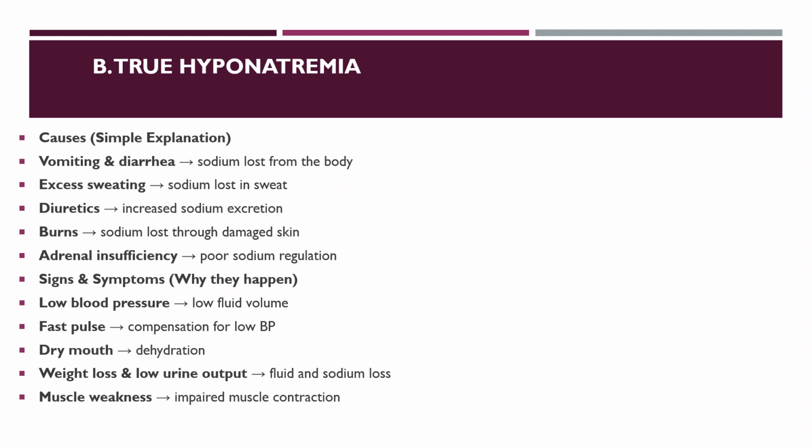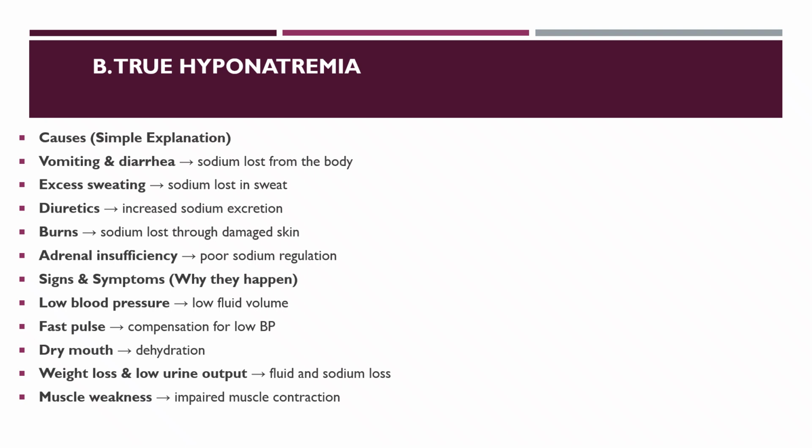So let's look at the second form in which hyponatremia can occur. We have the true hyponatremia. The other one was dilutional, meaning at that point there is more water in there diluting the sodium. But here is true hyponatremia, meaning you are losing sodium, which will lead to less sodium in blood.